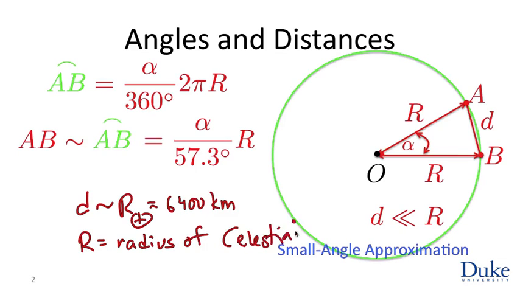So, is the radius of the celestial sphere much larger than the radius of Earth? That's the question we're asking in this case, and the answer is yes. How do we know? Well, because we can measure the angle alpha, the angle made by the line from one point A on Earth to a star and a different point on Earth to the same star.